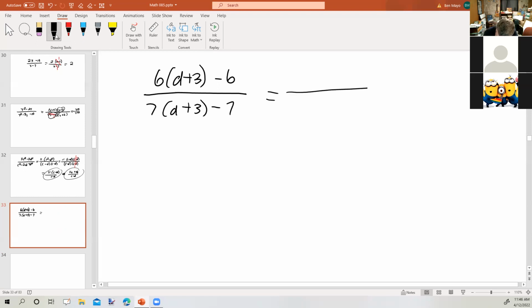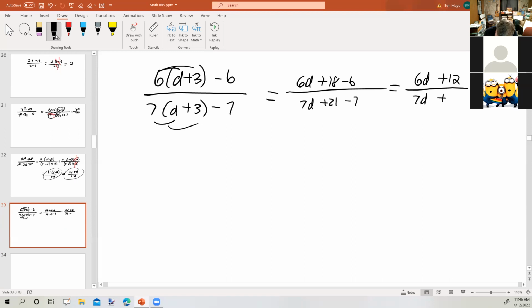Here we go. 6d plus 18 minus 6, 6d plus 12. 7d plus 21 minus 7, 7d plus 14. But I could factor a 6 out of the top and a 7 out of the bottom.